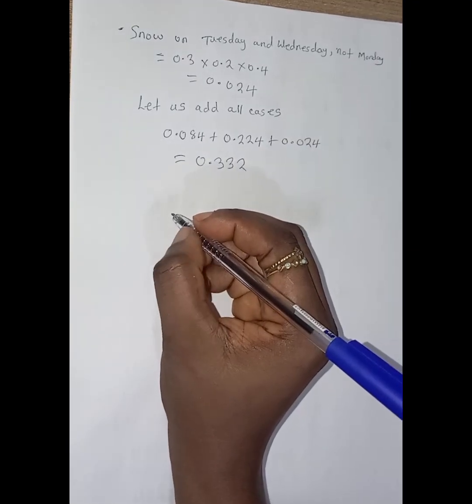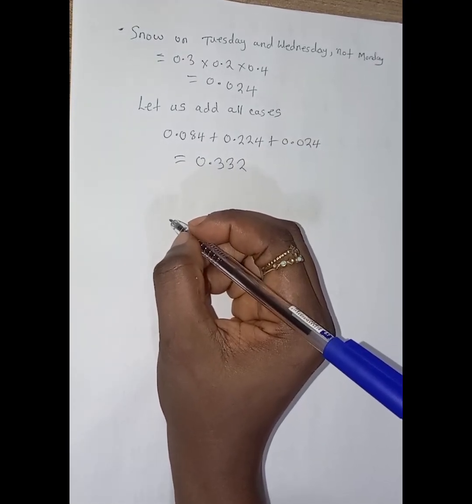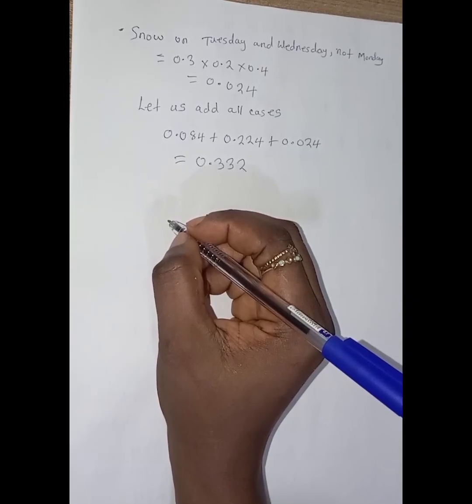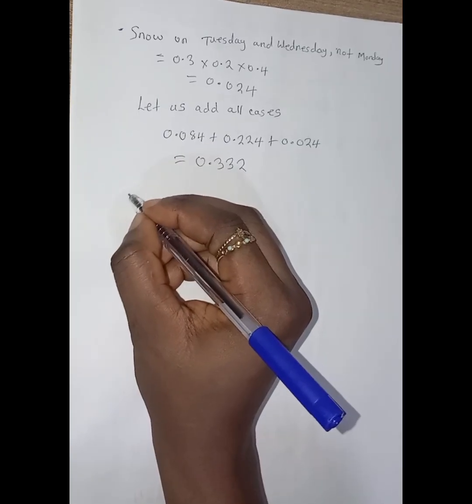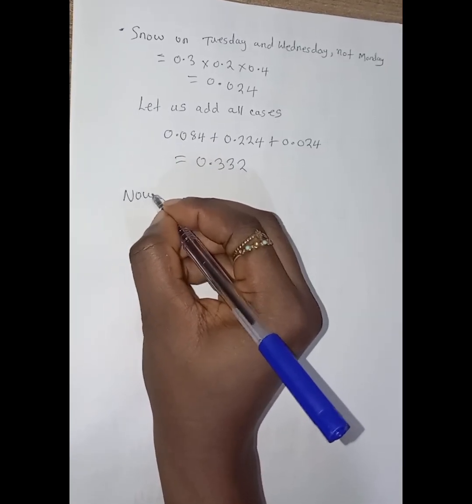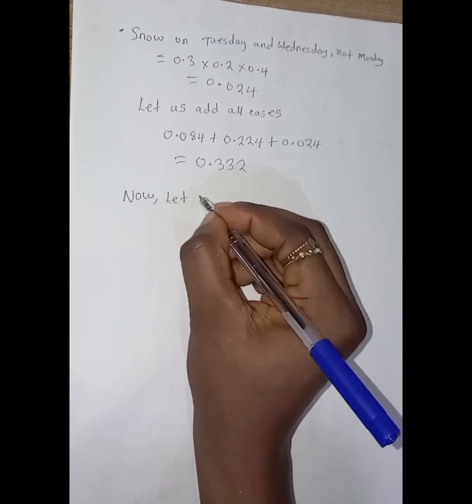Now, the final step is to round our answer to the nearest whole number. So, before we can achieve that, we're going to first convert it to a percentage, right?